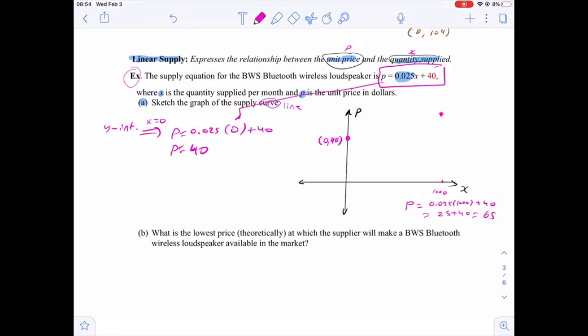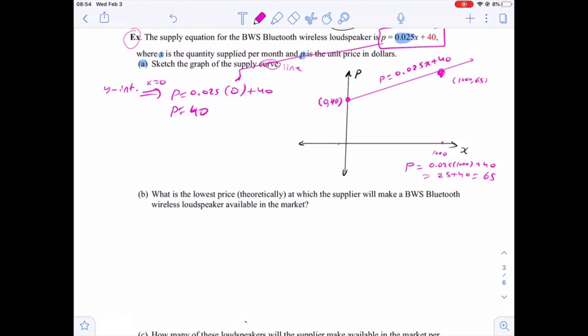So the corresponding point is (1000, 65). Then we connect them and it will continue increasing. Okay, so this is the graph of p equals 0.025x plus 40, the linear supply function.